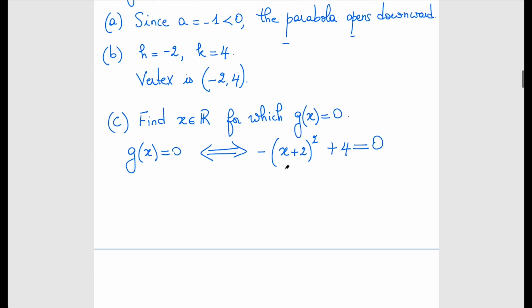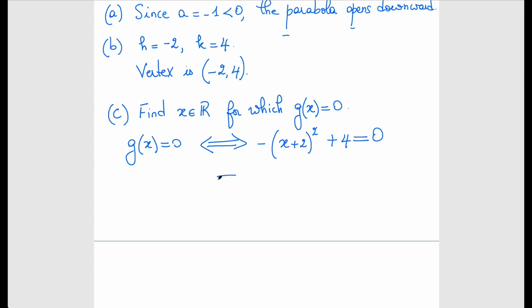So let's keep solving it algebraically. This is equivalent to saying, if you subtract 4, you get this. Correct? And then if you multiply both sides by -1, the minus here and the minus here cancel each other. Let me do it again.